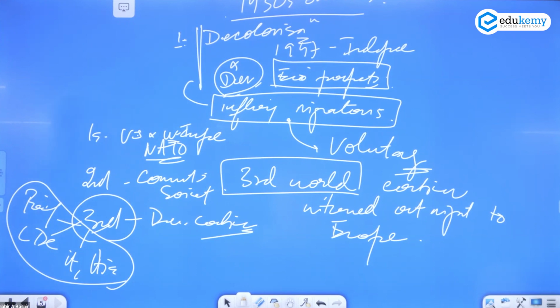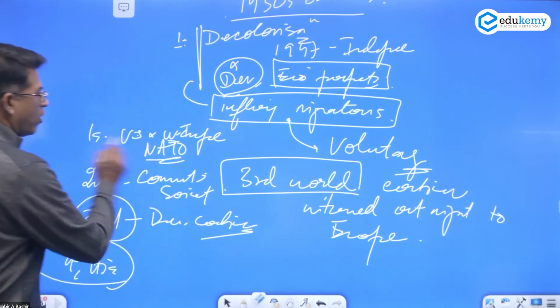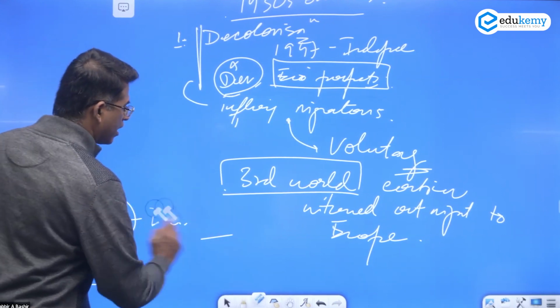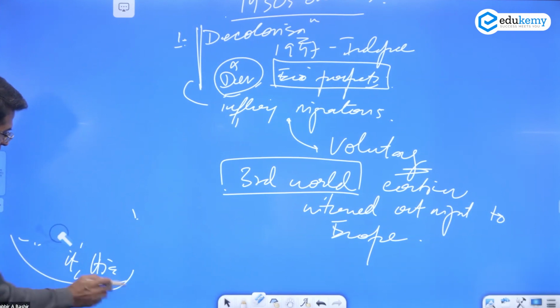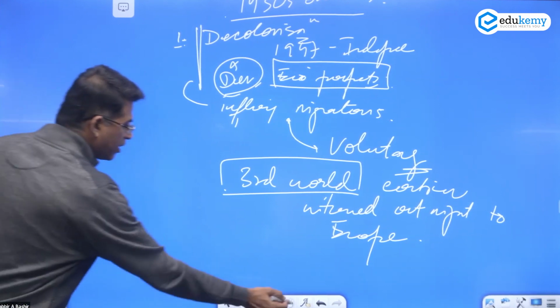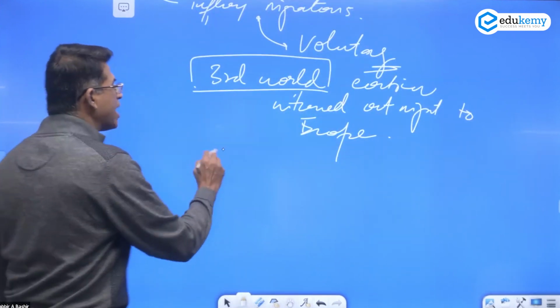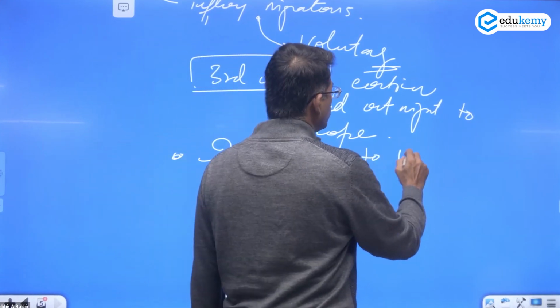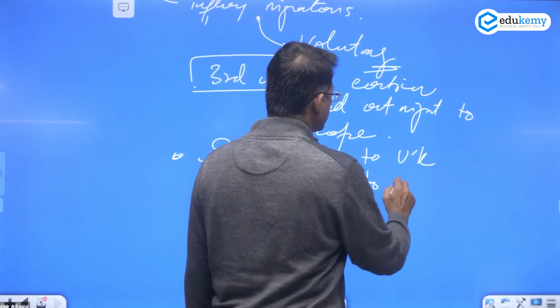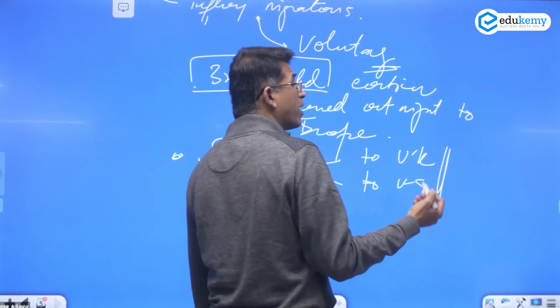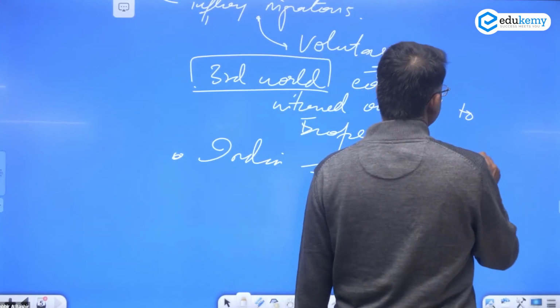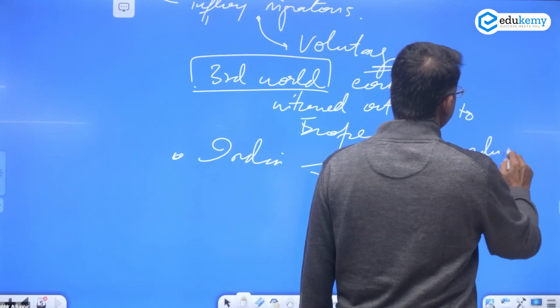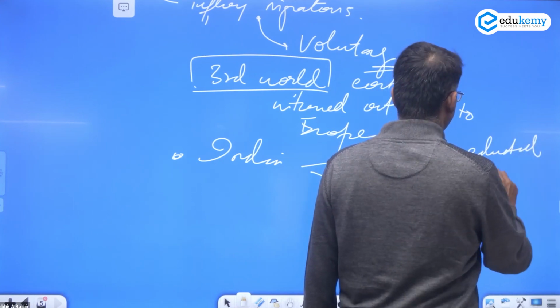Okay? So a lot of population from the third world countries are migrating to European countries. In India, we had migrations to UK and migrations to US. And the migrants were largely the educated professionals.